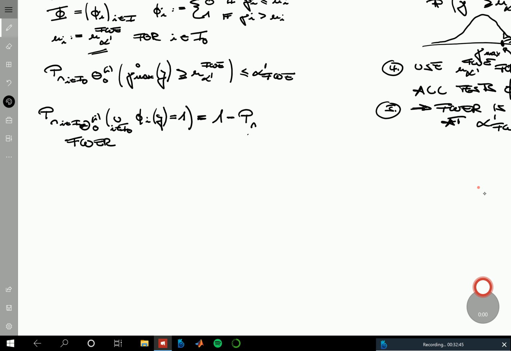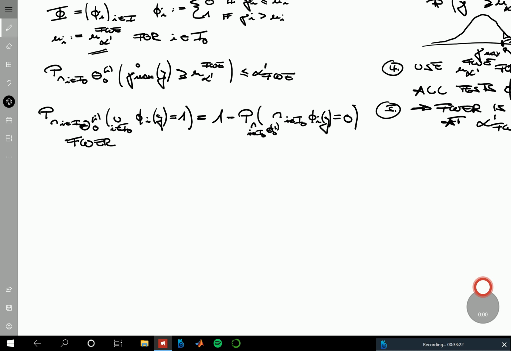And because these are complementary events, mutually exclusive events, the probability for all of them to come out 0 is 1 minus the probability for one of them, 1 or more, to come out 1.